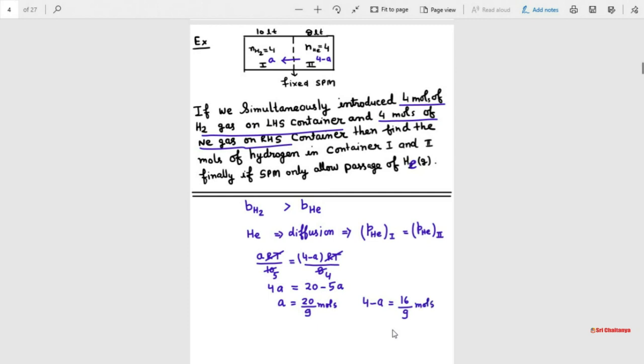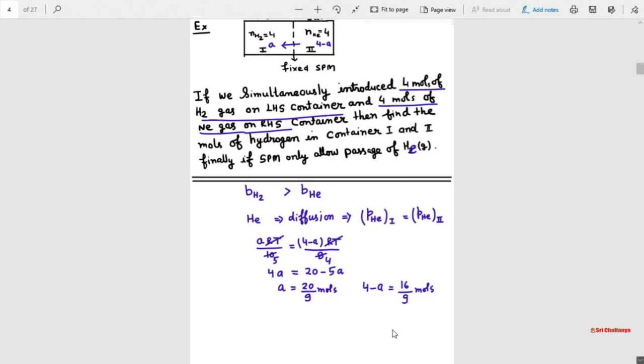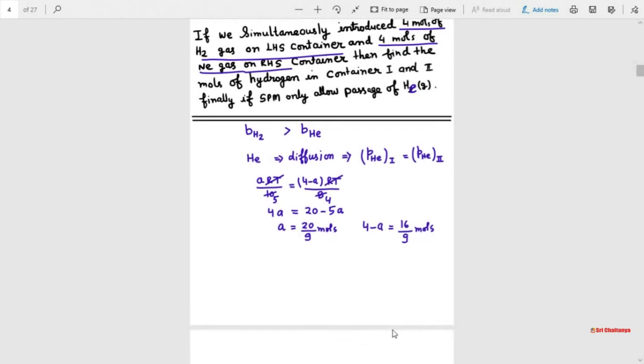So through this example, one important point we should remember is about the size of hydrogen and helium molecules. The second point is about diffusion. When we are talking about movement of a gas, it will move from higher pressure to lower pressure. So when will the diffusion stop?